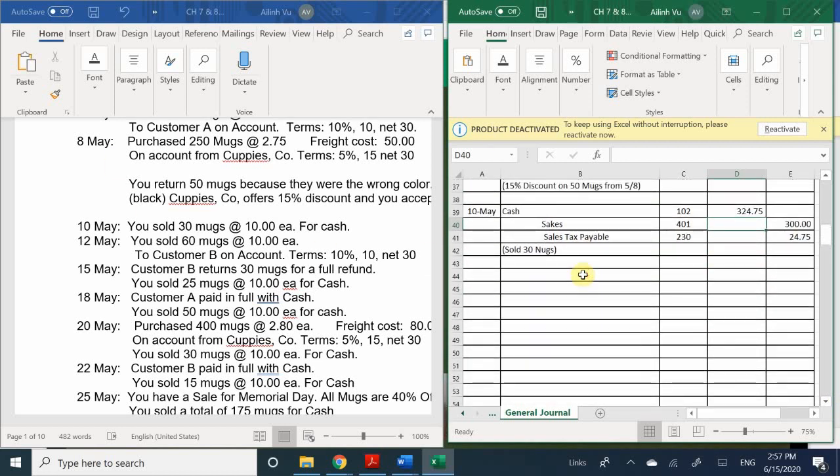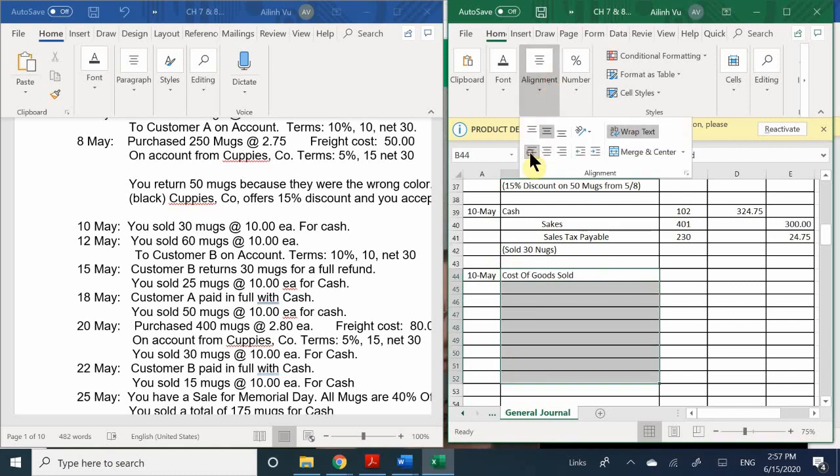Now, what's next? We've got to adjust our inventory. Yes, we need to adjust our inventory. So, 10th of May. Okay, so what account is this? Cost of goods sold. And where are we taking it out of? Inventory. Yes, we need to take it right out of inventory.